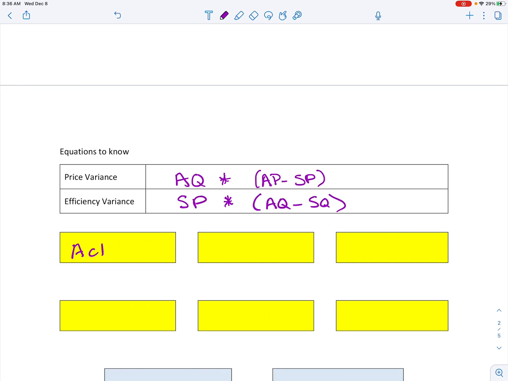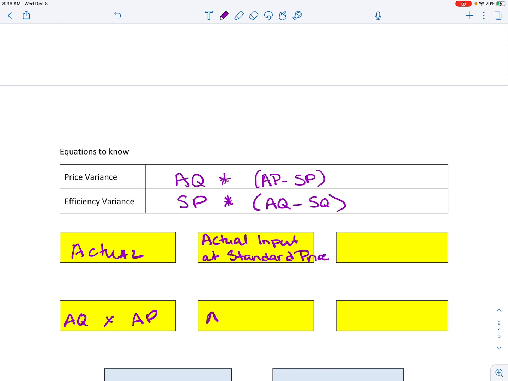First, I start with my actual, which is actual quantity times actual price. Then I'm going to look at my actual input at standard prices, and I'm going to compare those.